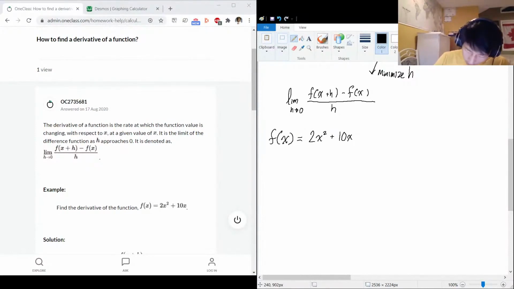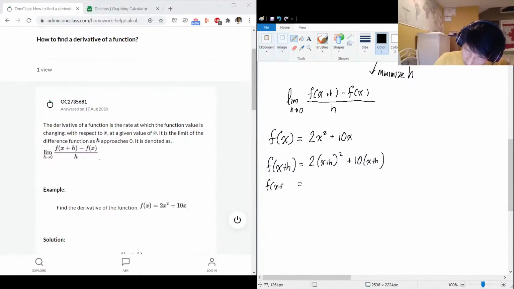Okay, so what would be f of x plus h? Well, for every time we see x, we're going to put x plus h. That first one is squared. The second one plus 10 times x plus h. Let's expand this out.